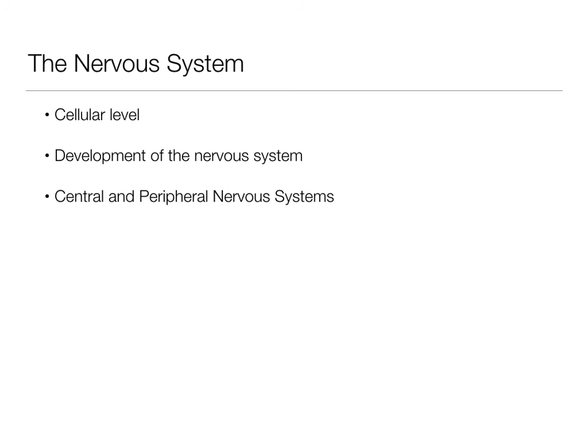So the nervous system. We're going to talk about this in several different pieces. We're going to talk about it at the cellular level. We're going to talk about the development of the nervous system. And we're going to talk about the central and peripheral nervous systems as well. We're going to cover most of this content online, through activities, through Launchpad, and in your textbook.